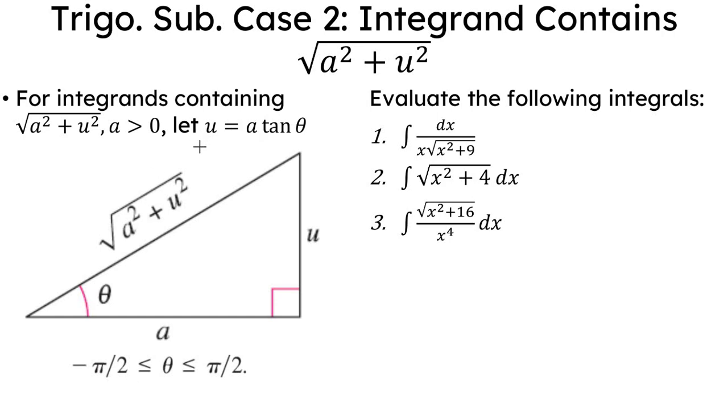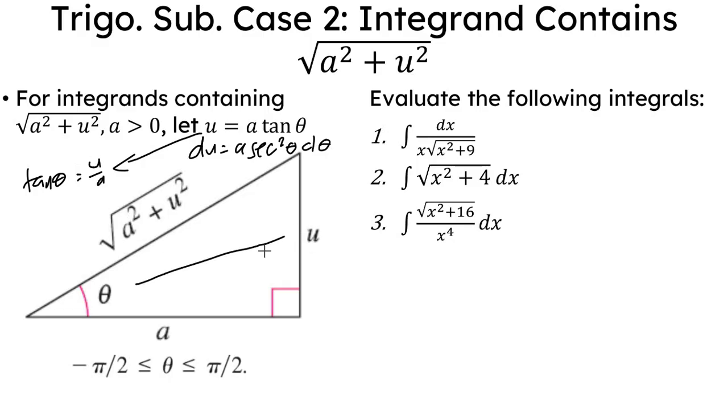Therefore, when we find du, that would be a secant squared theta d theta. And since u is equal to a tangent theta, this implies that tangent theta has the ratio u over a. That's why u is on the opposite side and a is on the adjacent side. So by the Pythagorean theorem, the hypotenuse becomes the square root of a squared plus u squared.